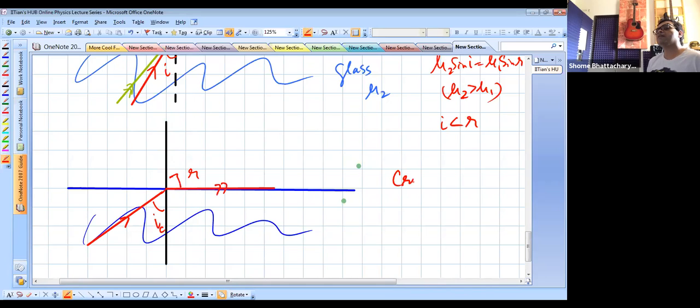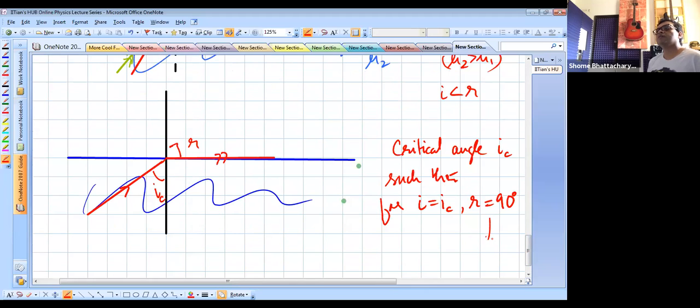So critical angle is such that for incidence at that critical angle, the refracted angle becomes 90 degrees, or what we say is we have what is called a grazing emergence.